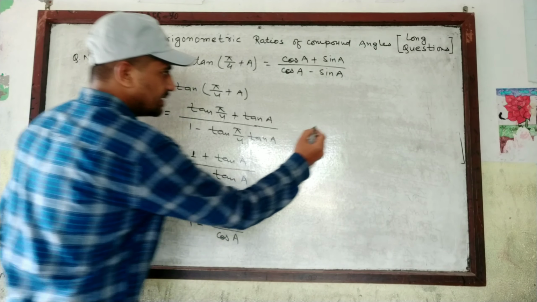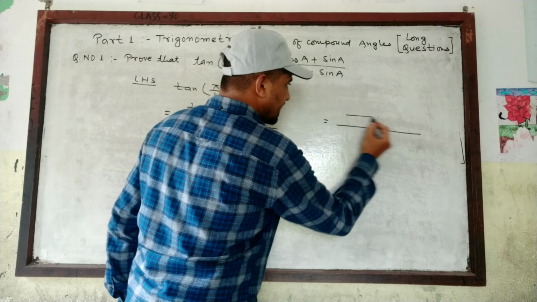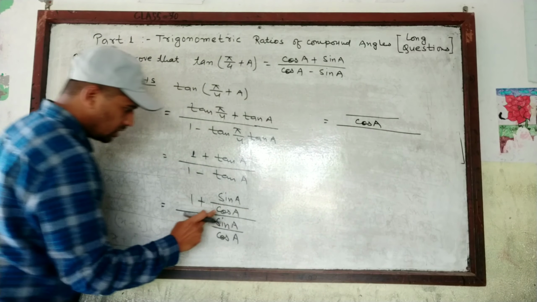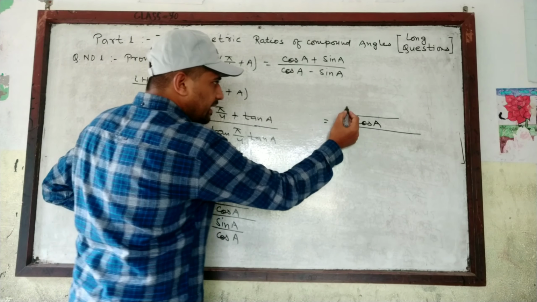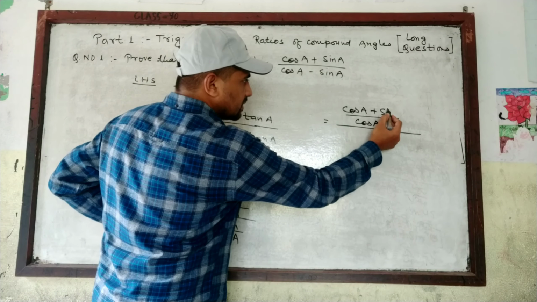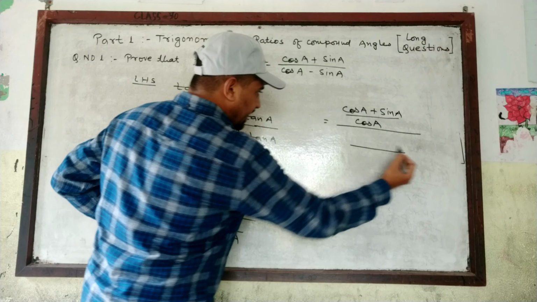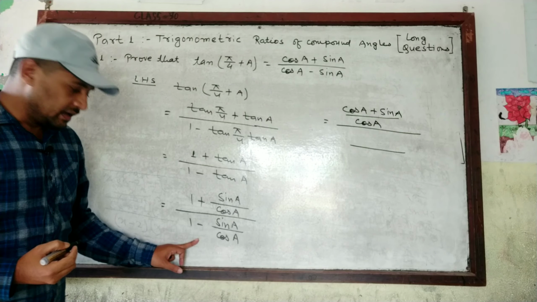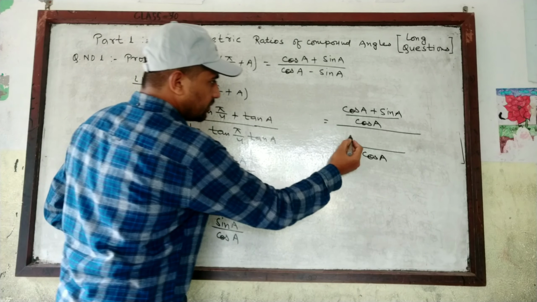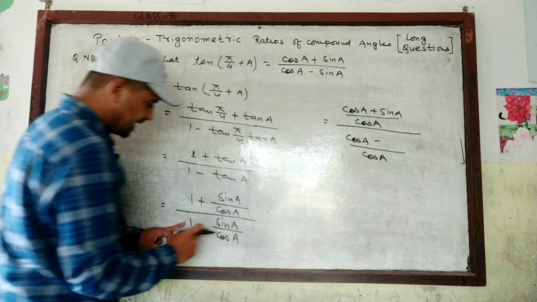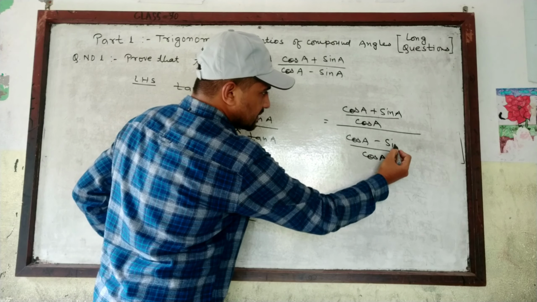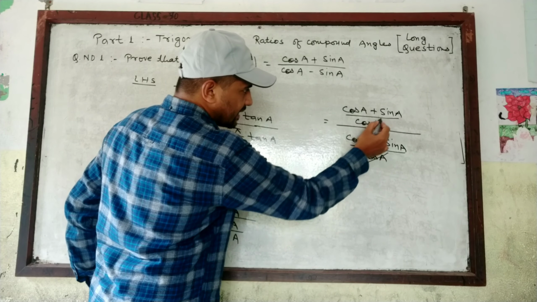Now taking the LCM here. What is the LCM? Cos A. Cos A into 1 will be cos A, plus sin A. Similarly, in the denominator we also take the LCM, which is cos A. Cos A into 1 is cos A, minus sin A. After this, cos A and cos A cancel.